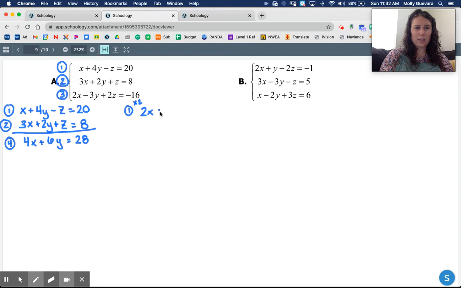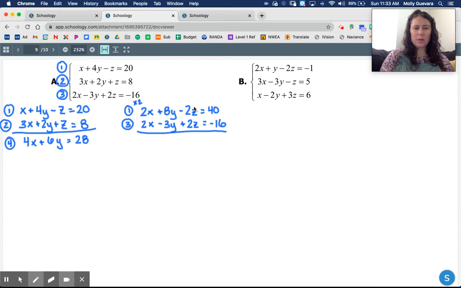So 2x plus 8y minus 2z equals 40. And then equation 3 is 2x minus 3y plus 2z equals -16. I've multiplied equation 1 by 2 to get this, and then my z's eliminate. So I'm going to add these equations together.